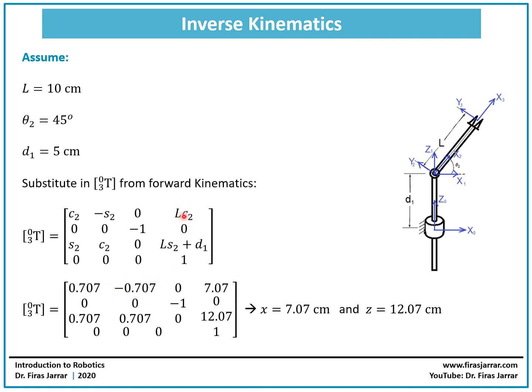L, which is 10, times cosine 45 is going to give me 7.07, and so on. The result of the forward kinematics would then be x equal to 7.07 centimeters and z equal to 12.07 centimeters. I'm going to take this result to the next slide.